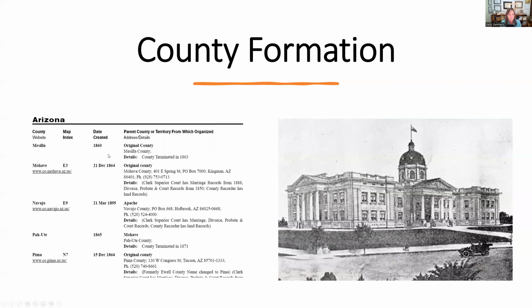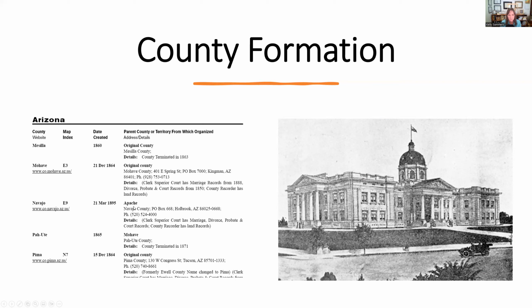In this book, we also have a list of the counties within. We're still looking in Arizona. And so here we have some counties: Mojave, Navajo, Paiute, Pima. And if we look next to them, we actually have a date of when they were created. So Mojave was created the 21st of December, 1864. Navajo was created the 21st of March, 1895.